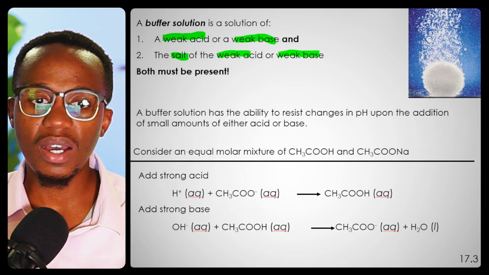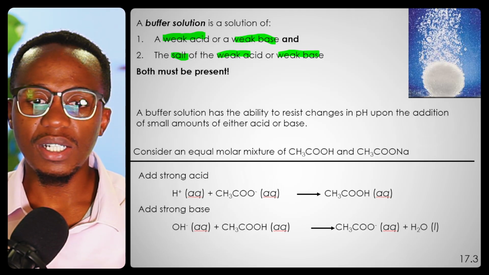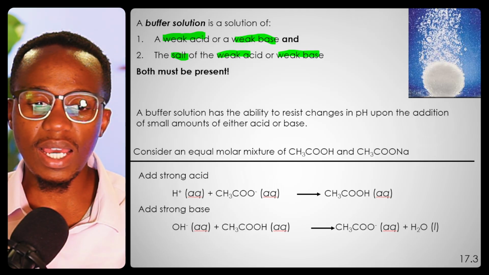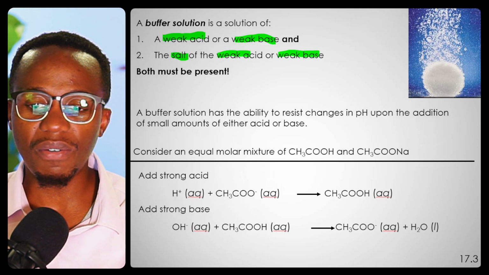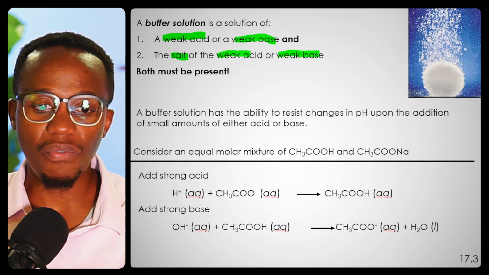And in the buffer, you have to have both. It's very important, guys. A lot of people confuse buffers as an acid or base, but no, a buffer is going to be a mixture.